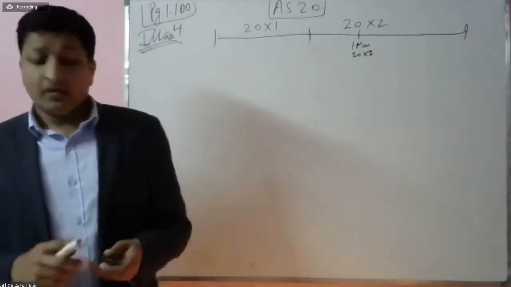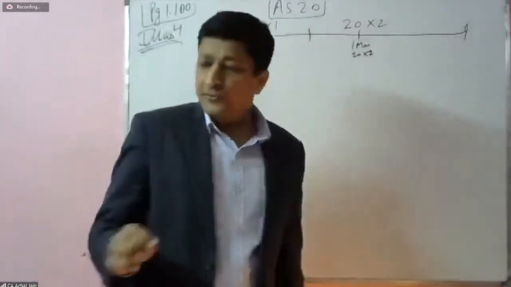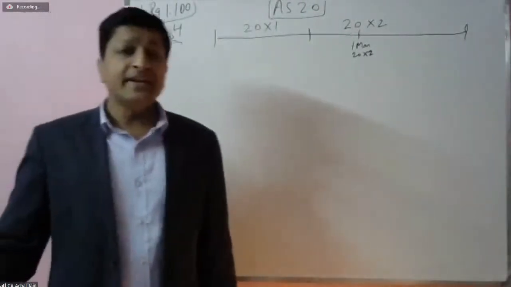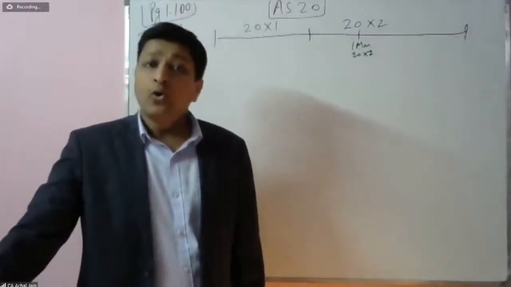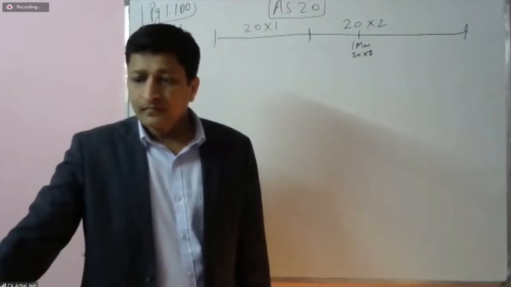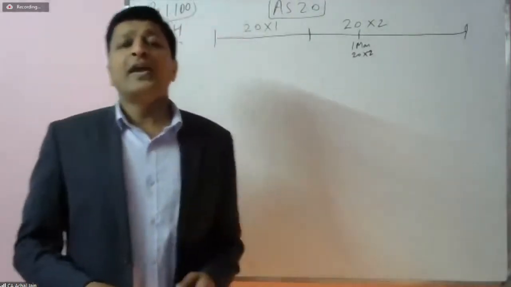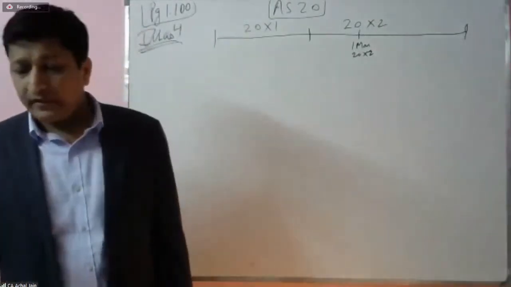That means for 5 lakh shares, 1 lakh shares have been issued. Fair value of one equity share immediately prior to exercise of right on 1st March X2 was rupees 21. So the right issue price is 15, but the fair value per share before exercise of right was rupees 21.